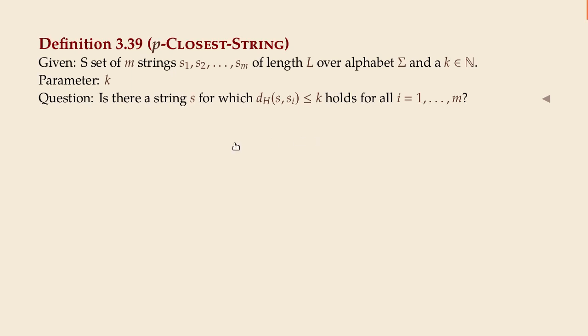This s should also be of the same length. I should add it to the definition, actually, but otherwise Hamming distance is not defined. Hamming distance just counts the number of indices where the characters don't match.